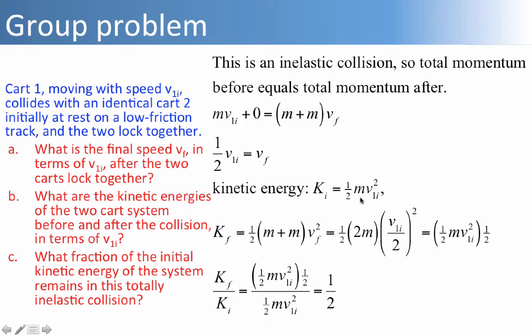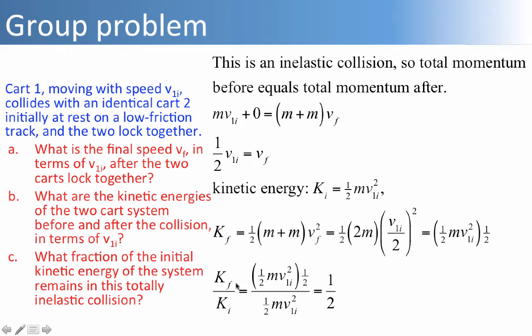Now our kinetic energy before the collision is just the kinetic energy of one object moving, 1/2 m v1 initial squared. The kinetic energy after is 1/2 the total inertia times v final squared. Substitute for v final, and we find that the kinetic energy after is 1/2 m v1 initial squared times 1/2.